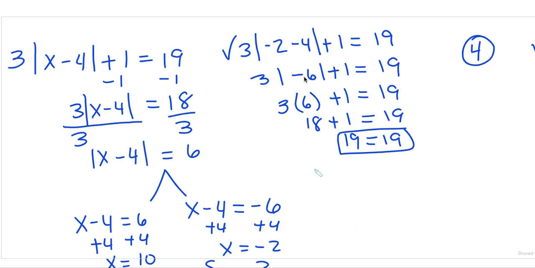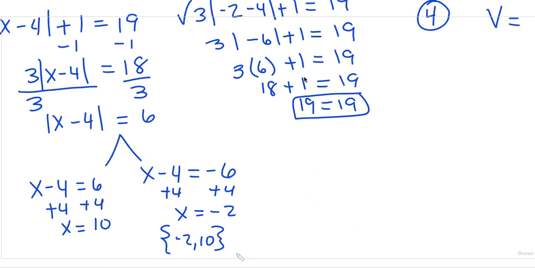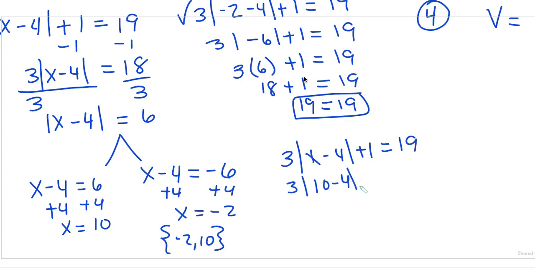Now we need to see if 10 works. So we're going to do 3 times the absolute value of x minus 4, plus 1 is equal to 19. 3 times 10 minus 4 plus 1 is equal to 19.